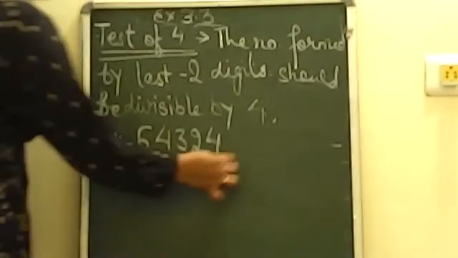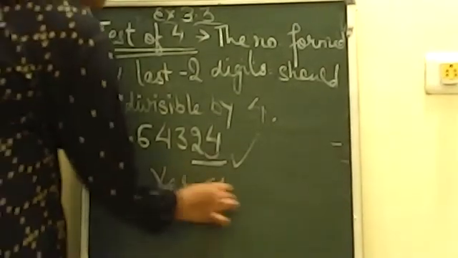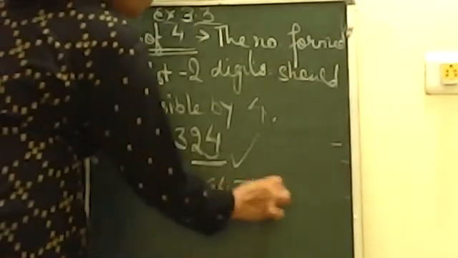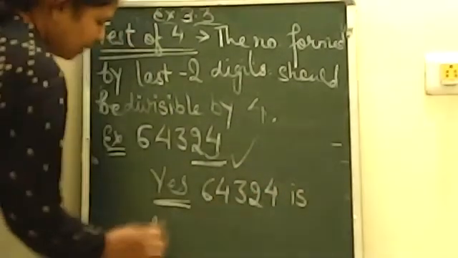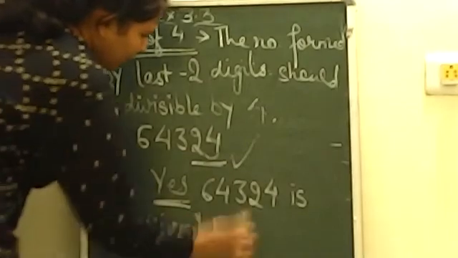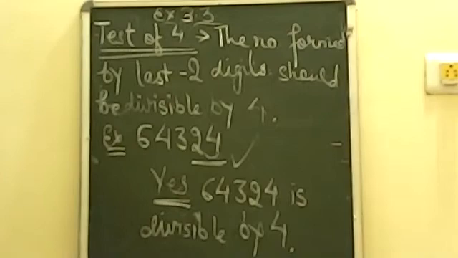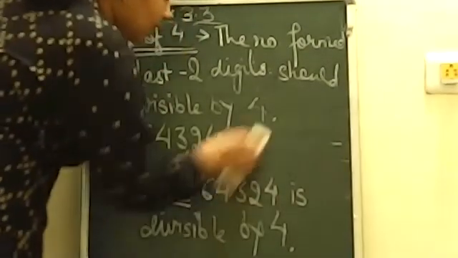Very correct. It means 4 sixes are 24, so yes, this number will be divisible by 4. Done. Okay, write it down in your fair copy. Now I am writing one more number.